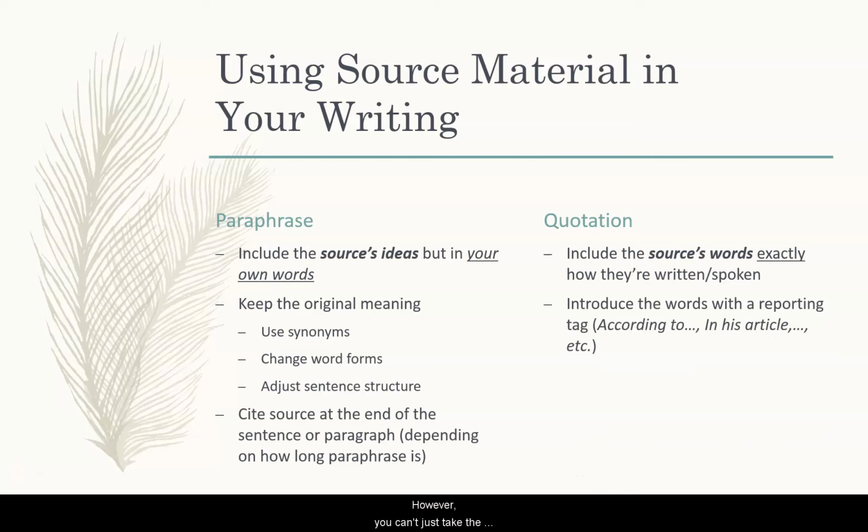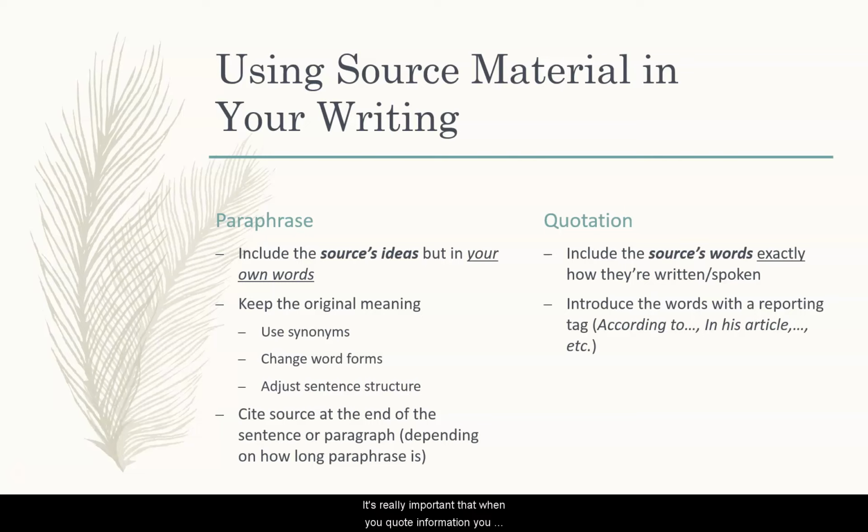However, you can't just take the source's words and stick them in your paragraph and that's it. You have to introduce the words with a reporting tag. So something like according to the author, or in his article, or you take a chunk of a sentence and include it in your own sentence.